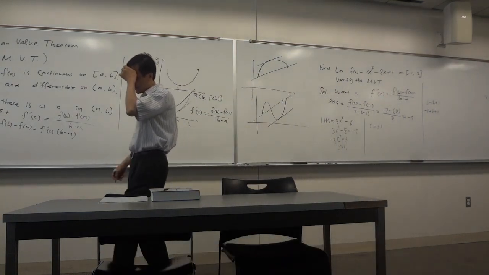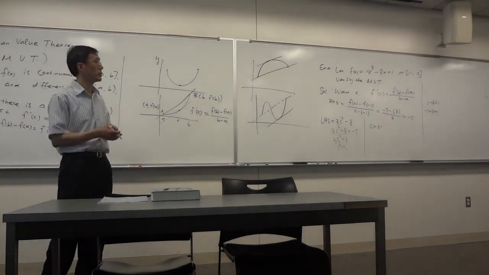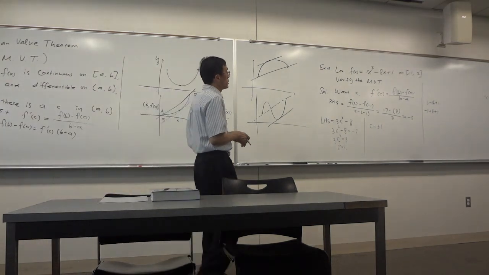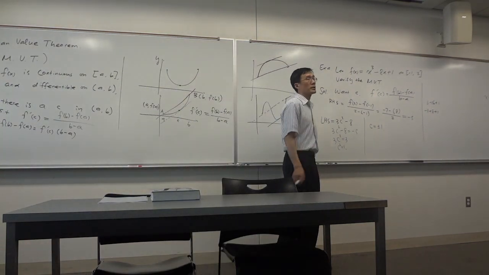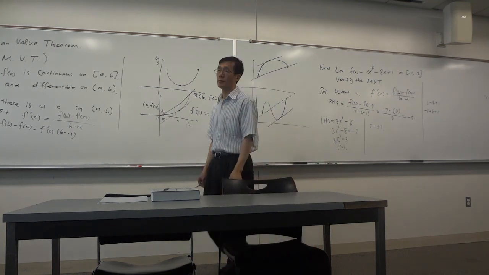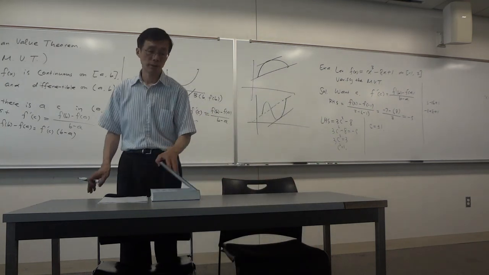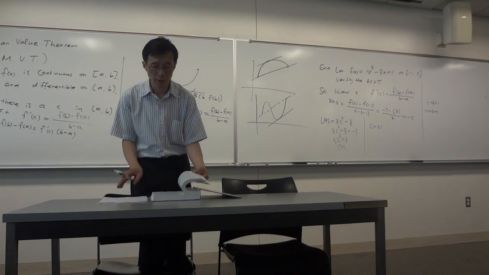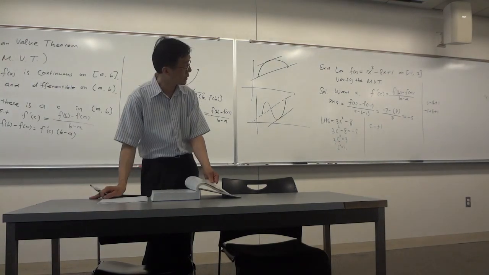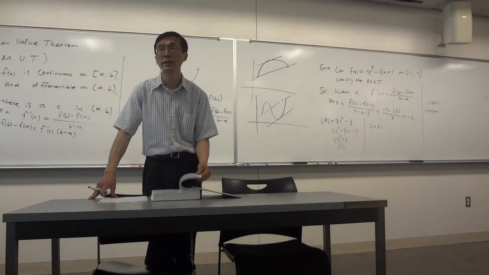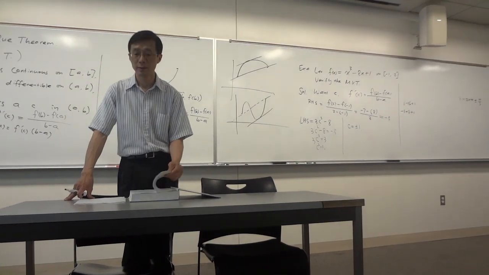I'd like to say that, except I think the theorem really says that you can always choose the c such that the c is inside the interval. So just throw away c equals minus 1, because it happened to be on the end.